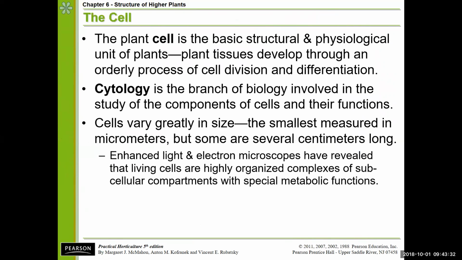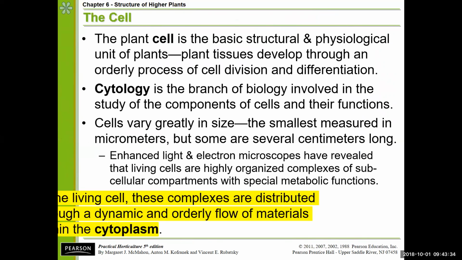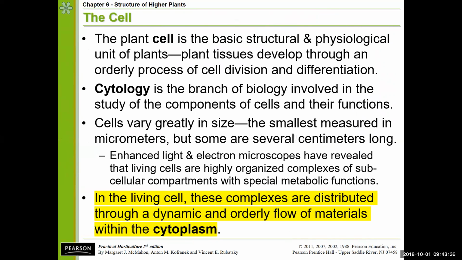Let's see, I'm kind of skipping over a few things here, but next thing I really want to focus on is thinking about what's going on inside of the cell. And again, we're not going to get extremely in-depth on cellular information, but we will at least cover the basics.